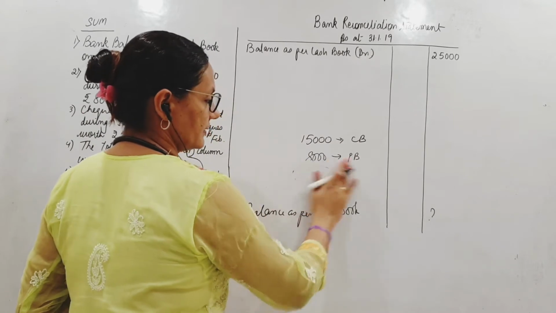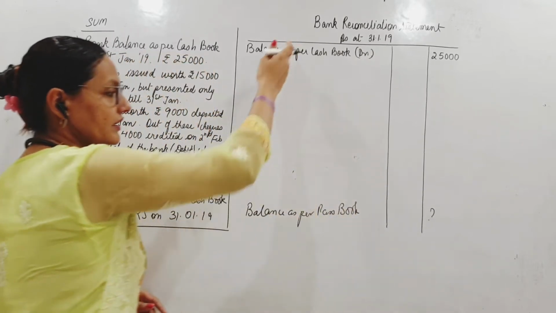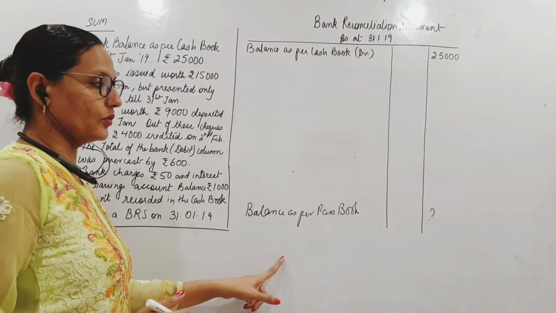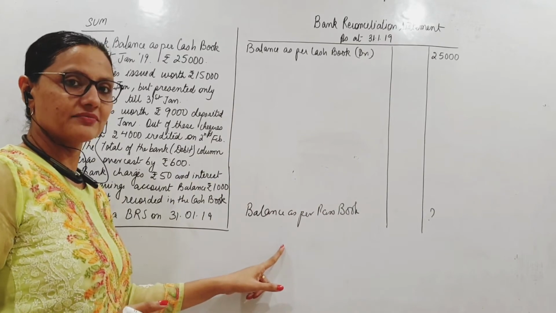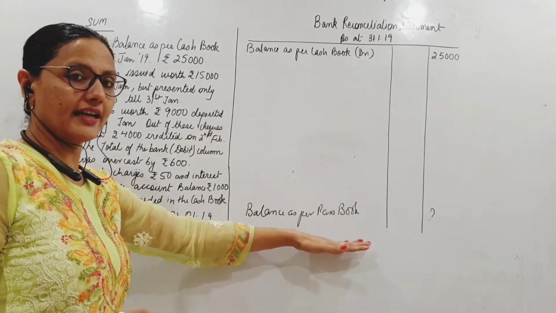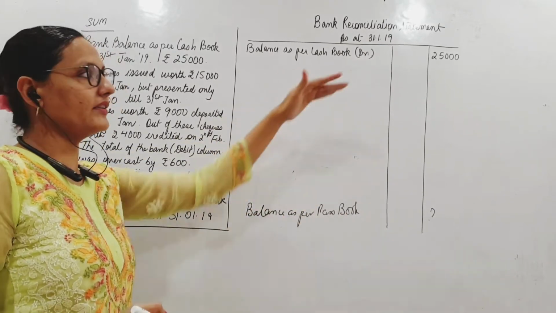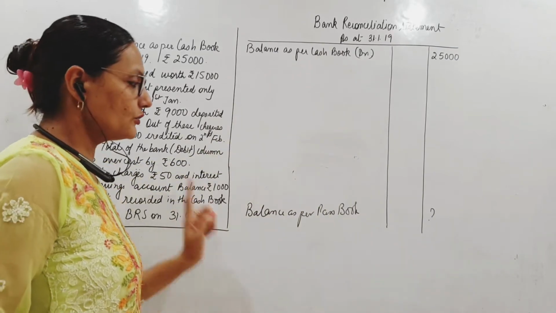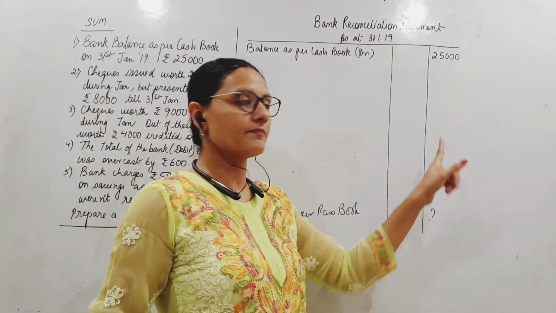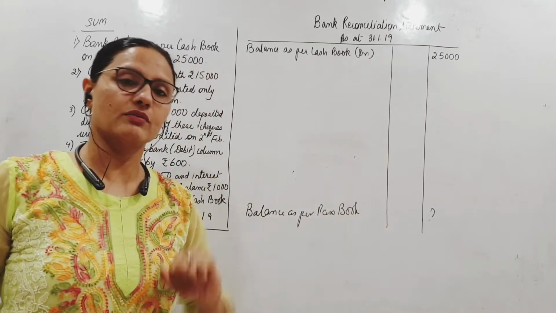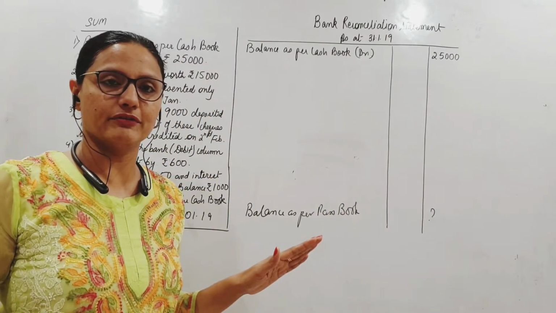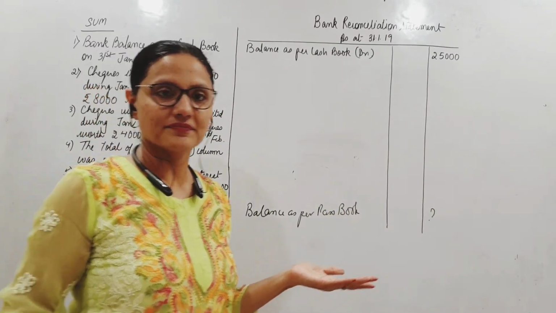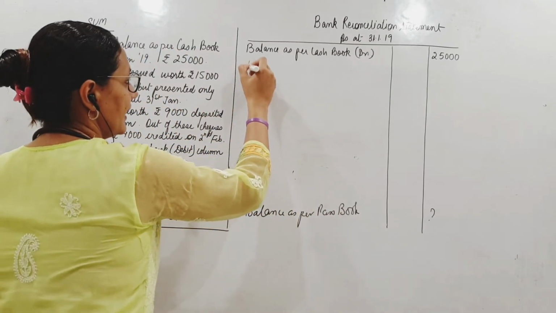How do I put it here? From here to here, this is less, this is more. So I will have to add from a lesser balance to a greater balance. I will have to add this 7,000 to 25,000 to show that my passbook balance is 25 plus 7, 32,000, if this is the only cause of difference. So I will add it here.